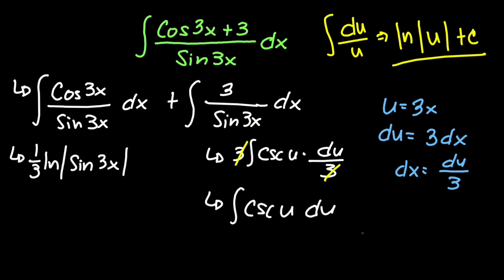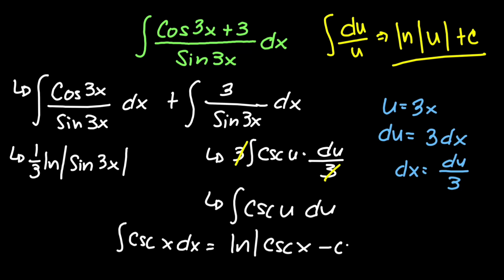Now, let us take the integral of this. But the solution here is kind of long to explain. I explained this in my previous video, so you can just watch how the solution would go. But basically, the integral of cosecant of x dx would be equal to the natural log of the absolute value of cosecant of x minus cotangent of x plus c.